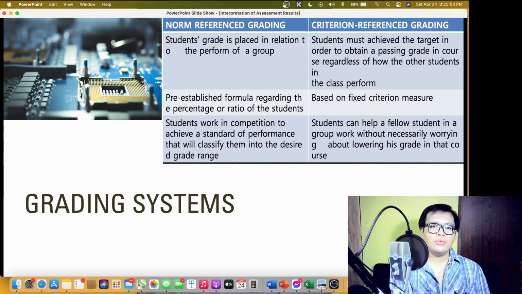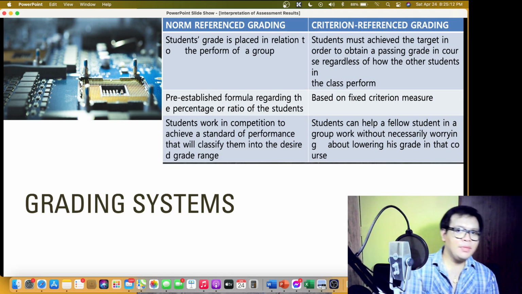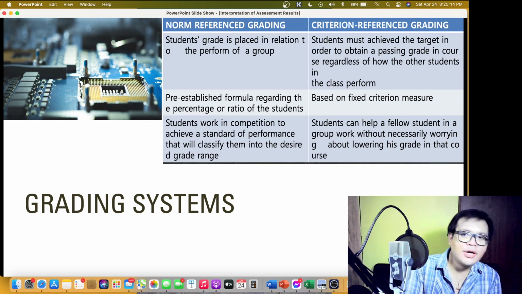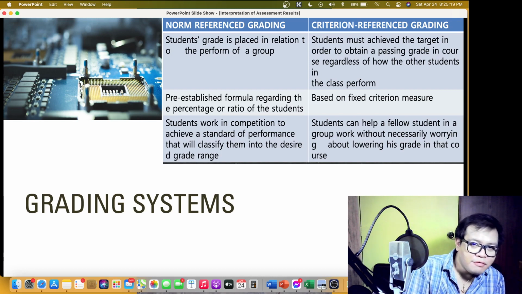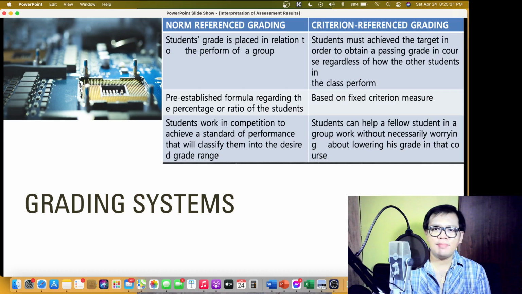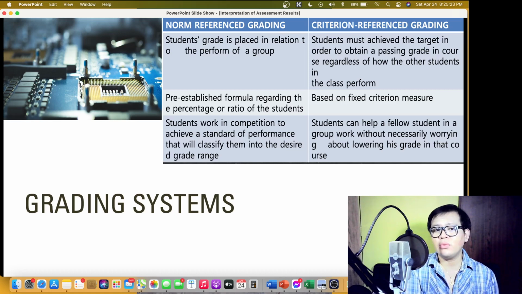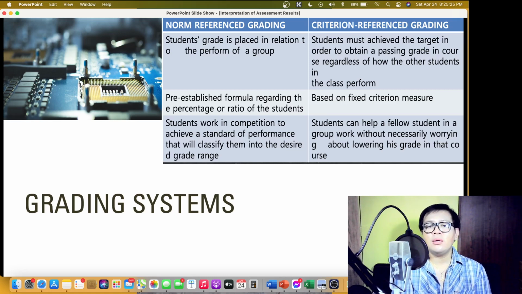So there are two different types of grading system: norm-referenced grading and criterion-referenced grading. In norm-referenced grading, the student's grade is placed in relation to the performance of the group, with a pre-established formula regarding the percentage or ratio of students.